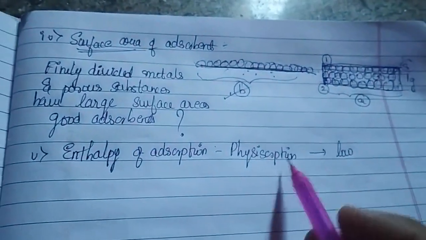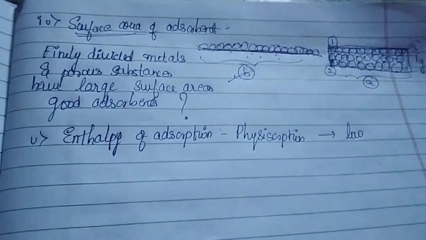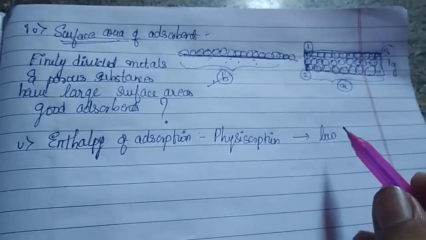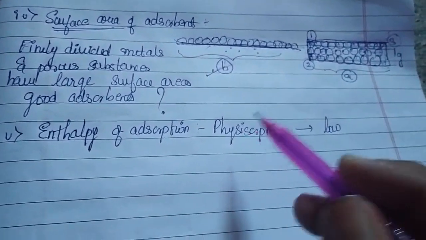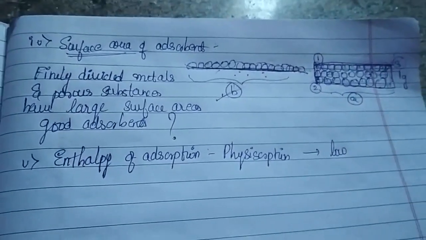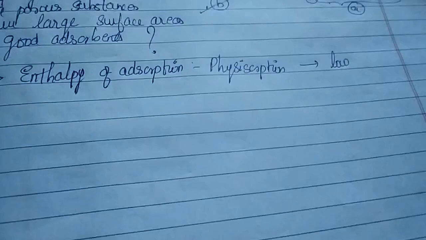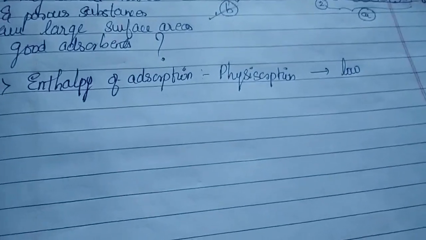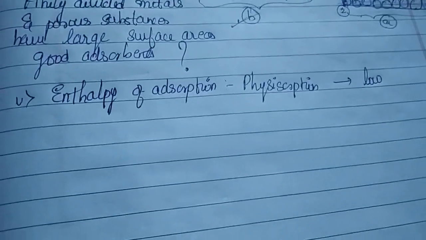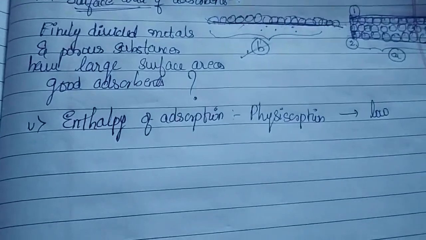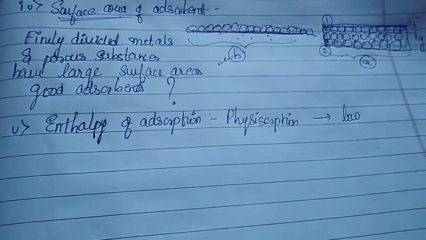Why? Because it is mainly due to weak van der Waals force. The bond existing in physical adsorption is a weak van der Waals force. That is the reason the amount of energy liberated is also low. Energy is liberated, but comparatively low compared with chemical adsorption.